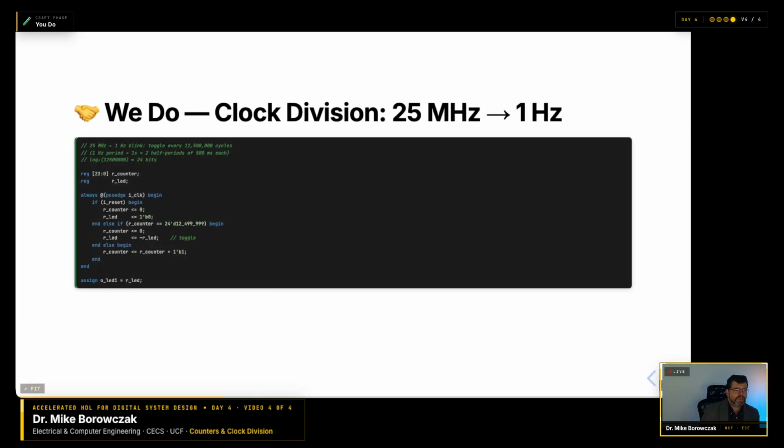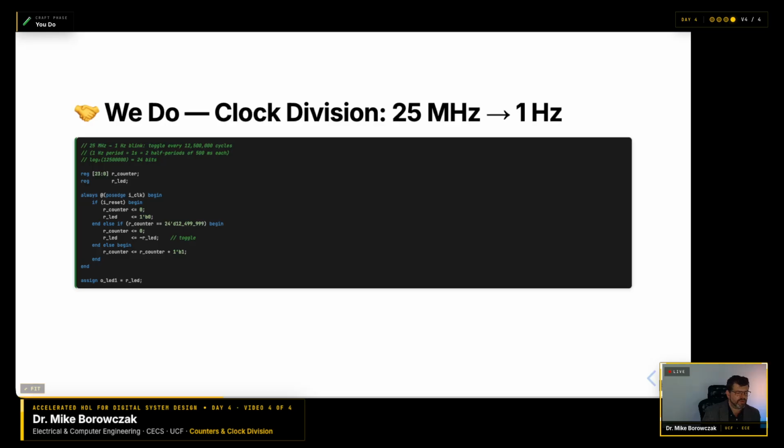Okay, so together, we kind of saw this already in a very limited form, but here we go again. Notice the pattern. We're going to build clock division. We're going to go from a 25 megahertz clock down to 1 hertz. So we have a counter here, and we want a 1 hertz blink.